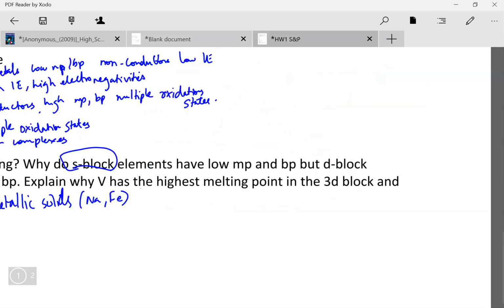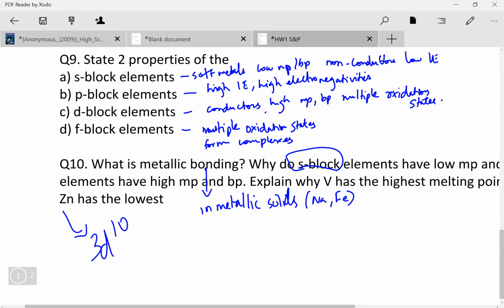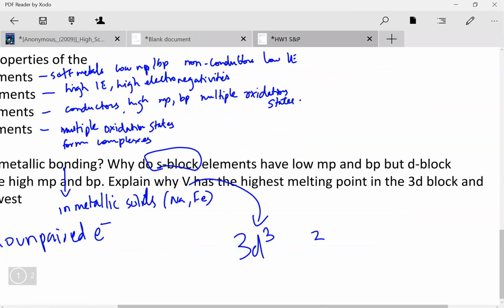Explain why vanadium has the highest melting point in the 3D block and zinc has the lowest. Zinc has a 3d10 structure, and therefore this has no unpaired electrons, very stable, and therefore it has the lowest melting point. Vanadium has 3d3, which has 3 unpaired electrons, the highest number of unpaired electrons in the d orbital, apart from chromium or manganese, which have 5.